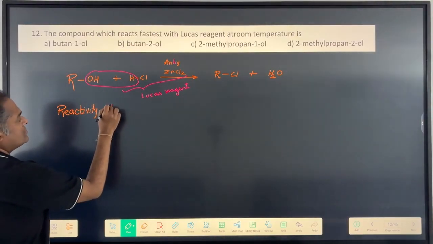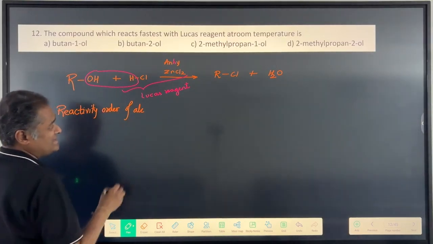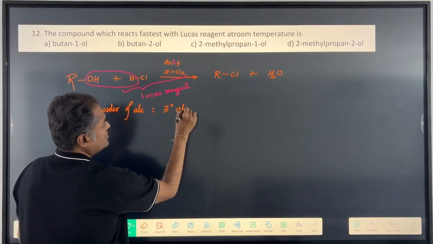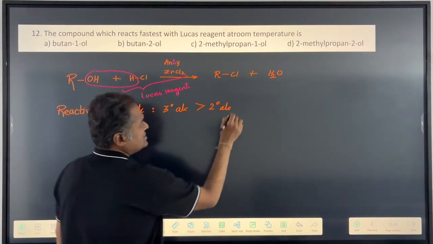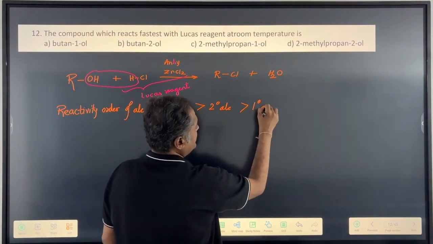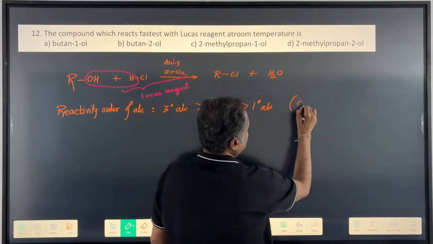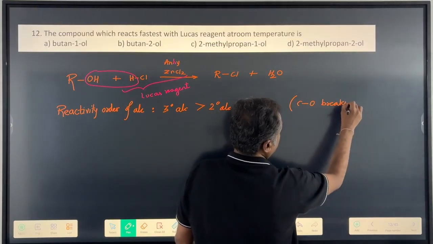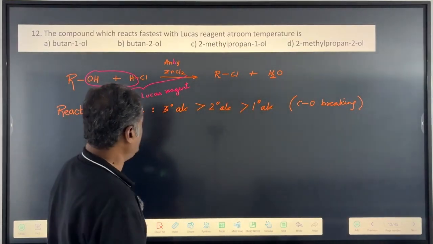Reactivity order of alcohols: tertiary alcohol is more reactive than secondary alcohol, secondary alcohol is more reactive than primary alcohol, and I think this reaction comes under C-O bond breaking, correct? And hence the correct answer for us should be what?